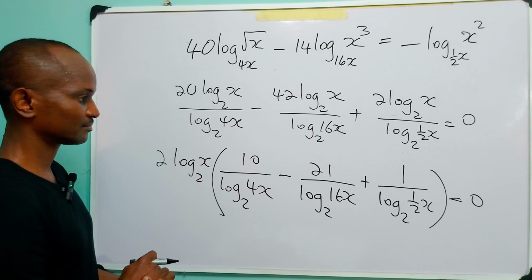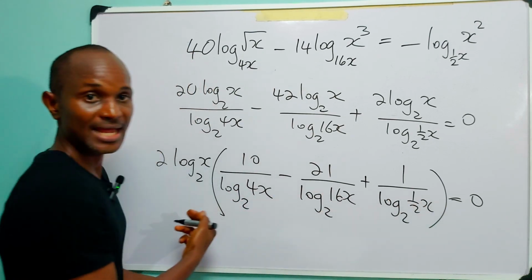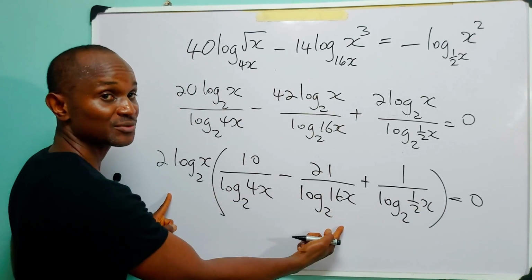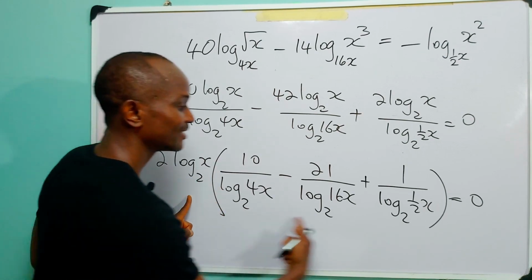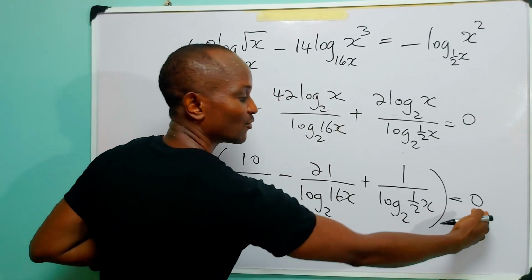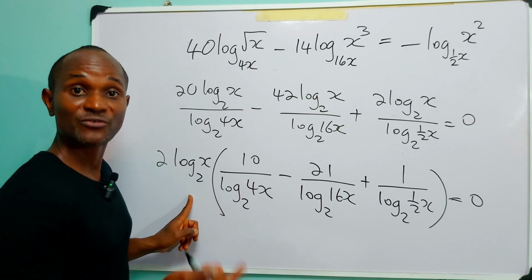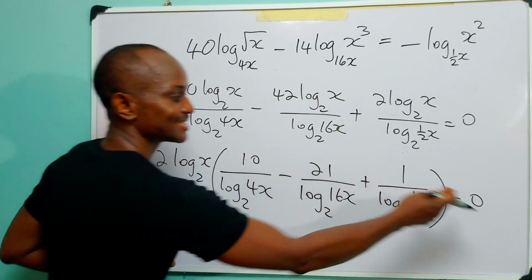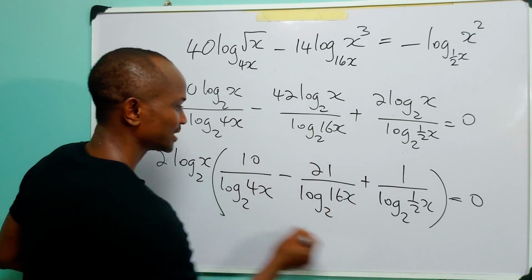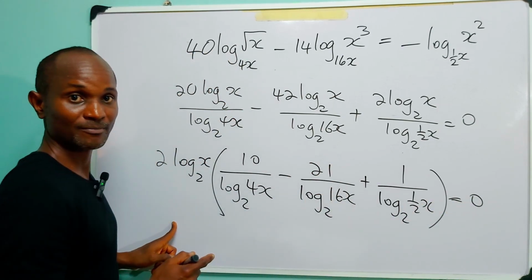Now when you look at this line, you will see that we are multiplying two things. We are multiplying 2 times log to base 2 of x into this term, and we are getting a product of 0. So that simply means that either this is equal to 0 or this is equal to 0.